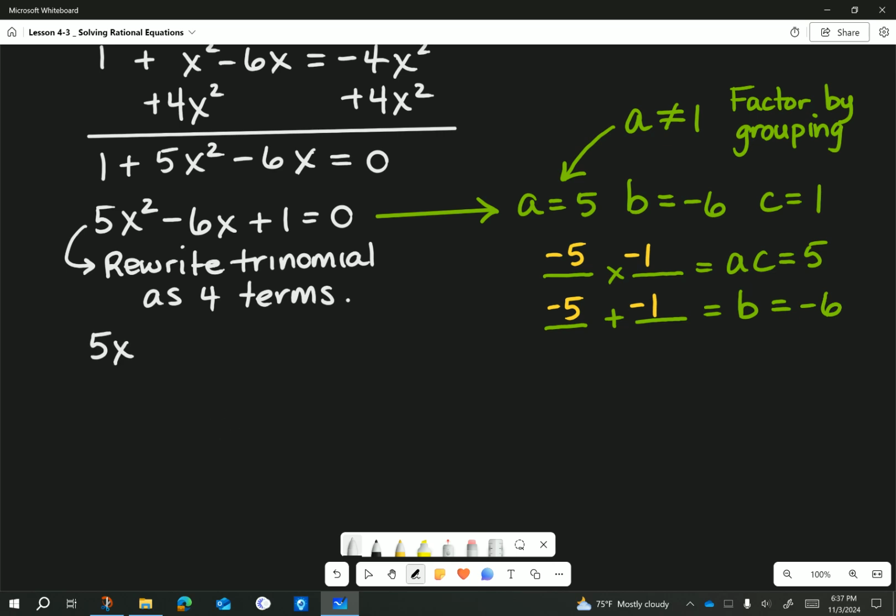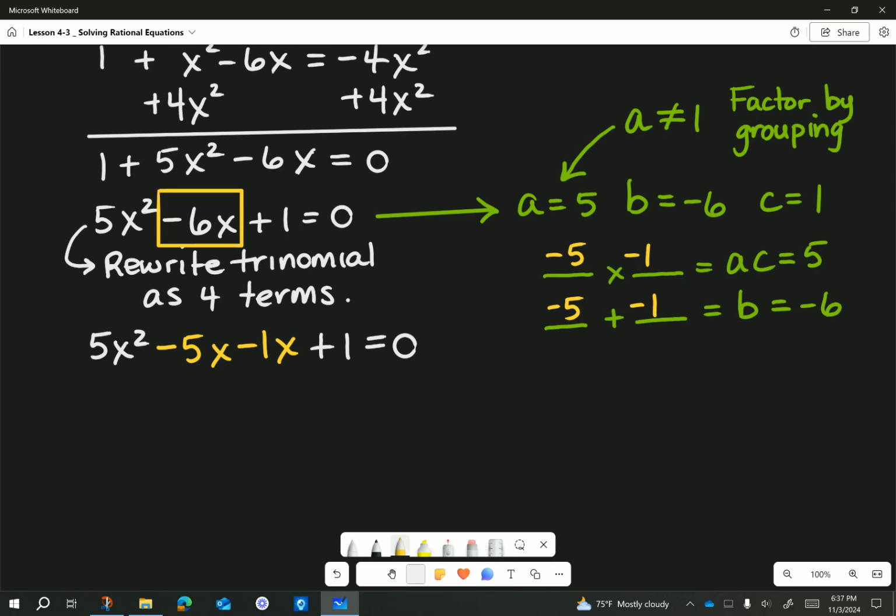The first term of 5x squared comes down. The middle term of negative 6x is the one that I am going to convert into 2 terms. I'm going to convert it as negative 5x and negative 1x, which are the 2 numbers that I just found. Okay?